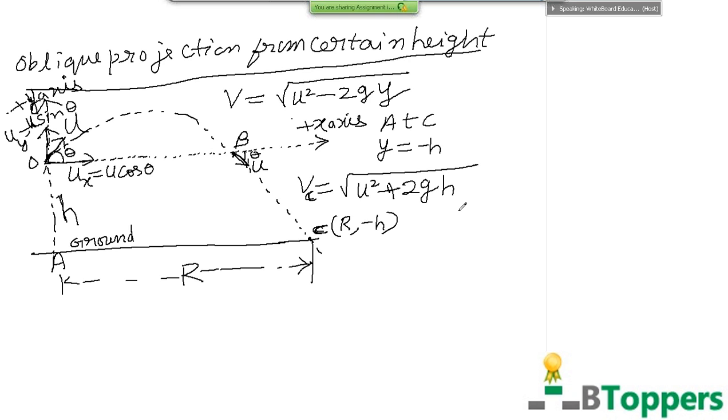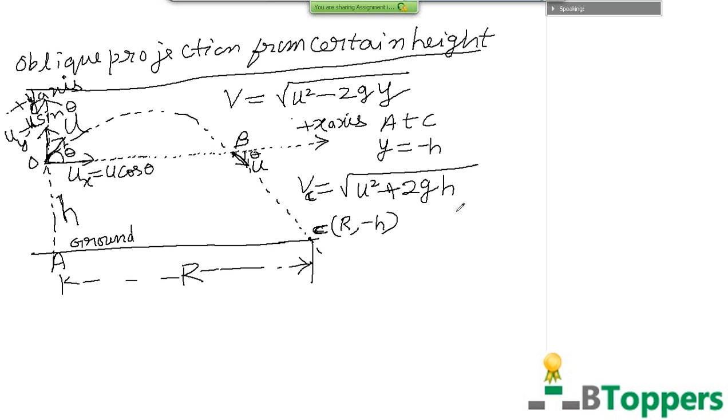For example, a number of balls are projected with the same initial speed u from the same vertical height h above a level ground in different directions. One ball may be projected horizontally, a second ball may be projected vertically upwards, a third ball may be projected at 30 degrees above the horizontal, another ball may be projected at 60 degrees to the horizontal.